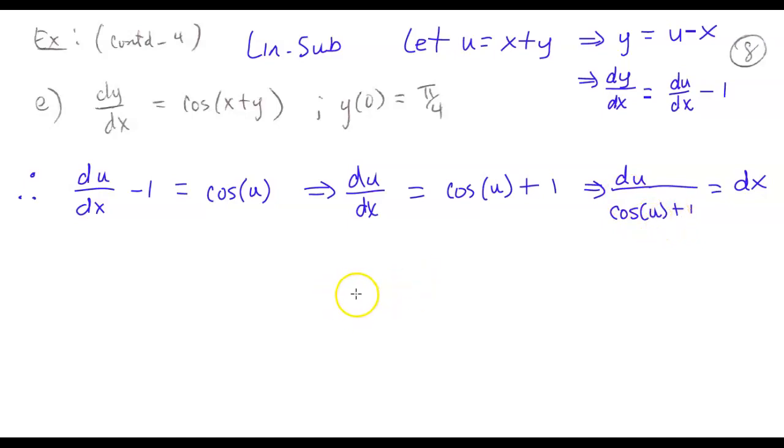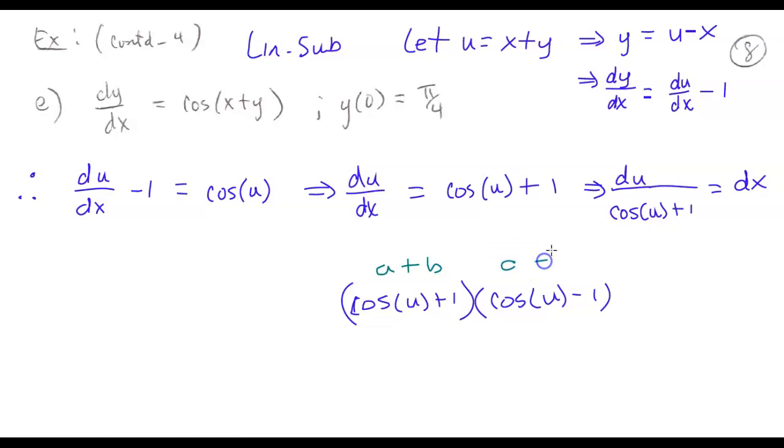So my point here is that if I do cosine of u plus 1, and let's say I multiply it times cosine of u minus 1, then what this looks like to you is an a plus b times a minus b situation here, okay? And of course, a plus b times a minus b is a squared minus b squared.